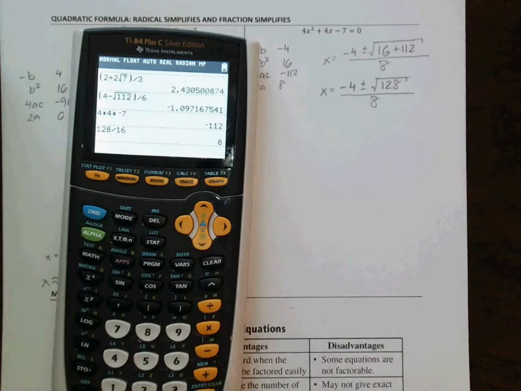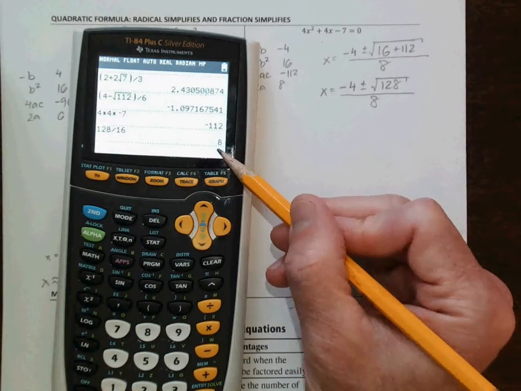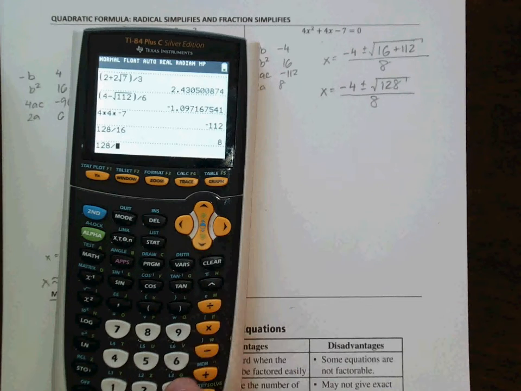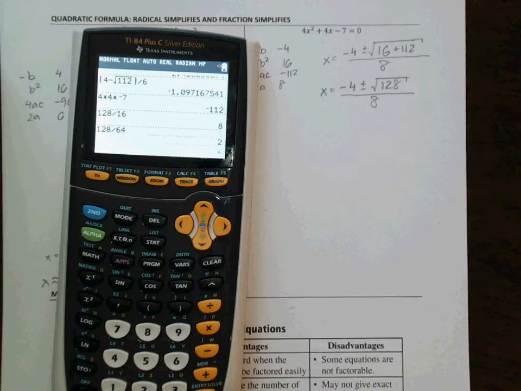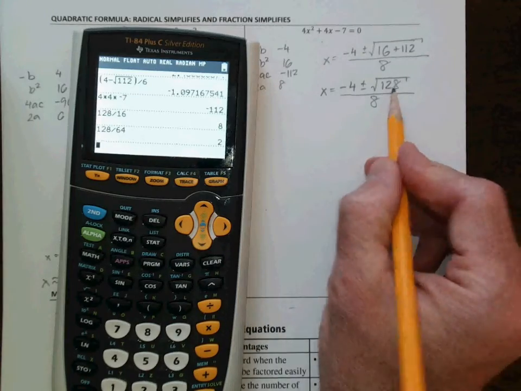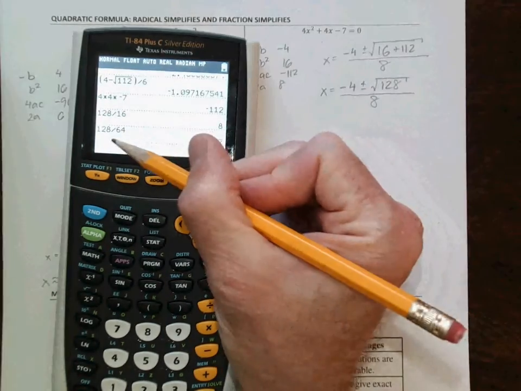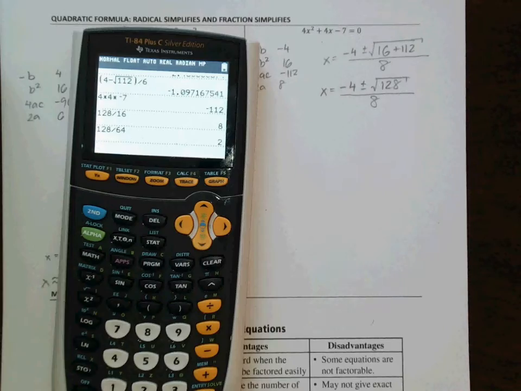And actually, since 8 is divisible by 4, let's see, 128 divided by 64. Oh, this is just 2 times 64. So 64 is the largest perfect square that goes into this.